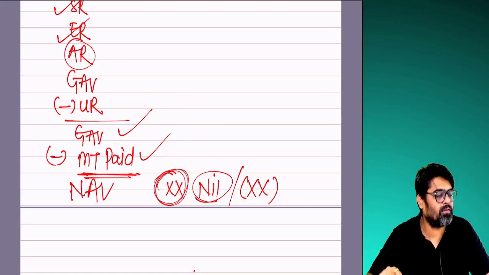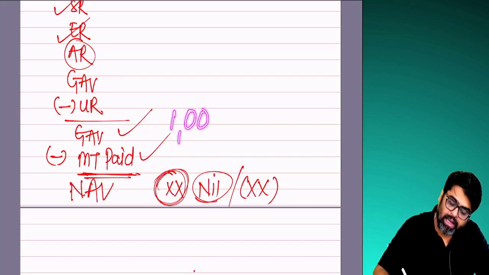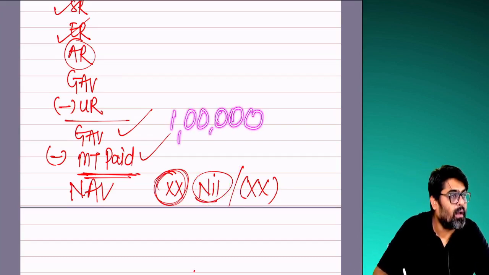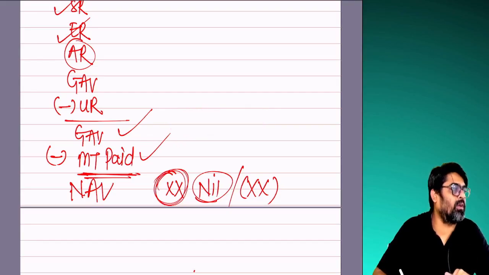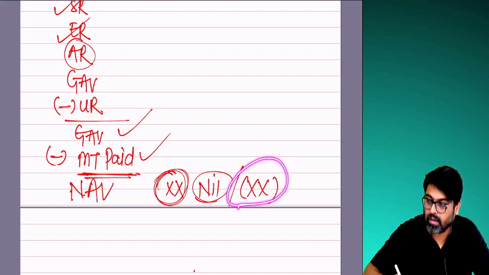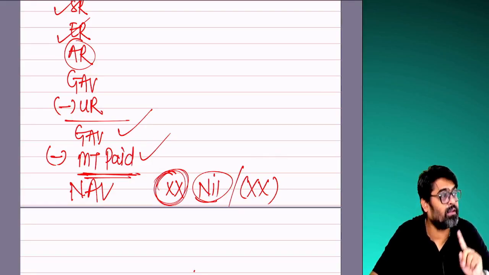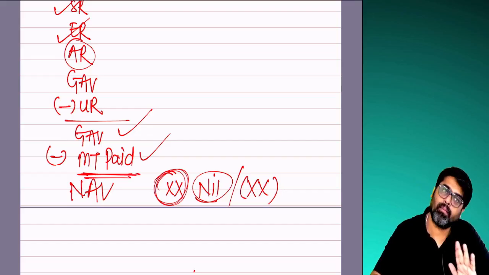So 1 lakh minus how much? Can it be nil? Yes. What if the GAV was only 1 lakh and the municipal tax paid by you in this year is 1,25,000? It can be negative also. So can your NAV be nil or negative also? The answer is yes. Getting my point?